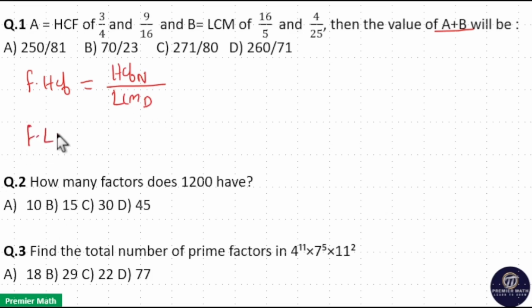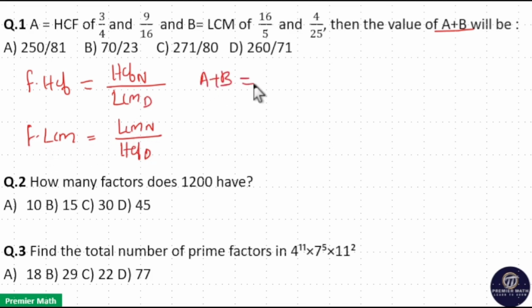Same way, fractional LCM is equal to the LCM of numerators in the numerator and HCF of denominators in the denominator. That is, if it is fractional HCF, write HCF in the numerator, and if it is fractional LCM, write LCM in the numerator.